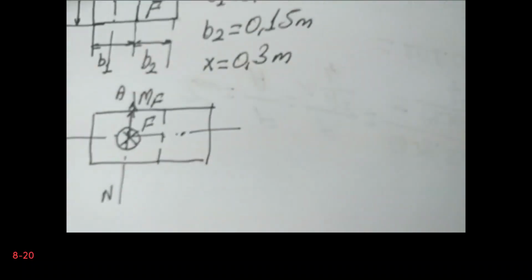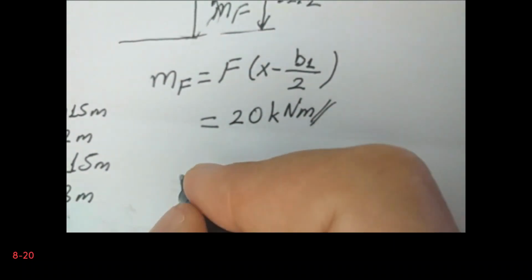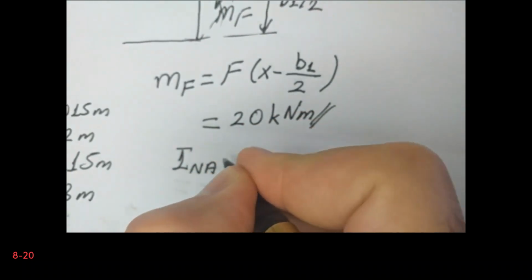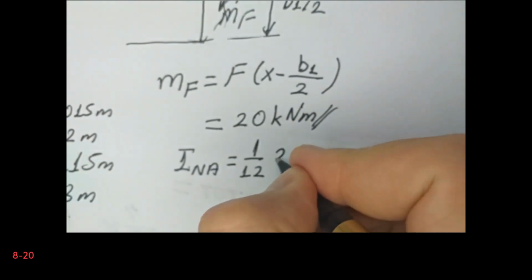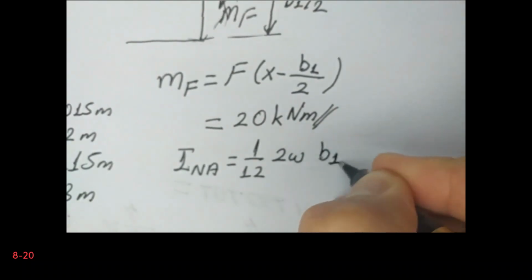But let's calculate the moment of inertia for this cross section, according to the neutral axis. So it is 1/12 multiplied by 2W, which is the width, multiplied by the height, b1 to the cube.